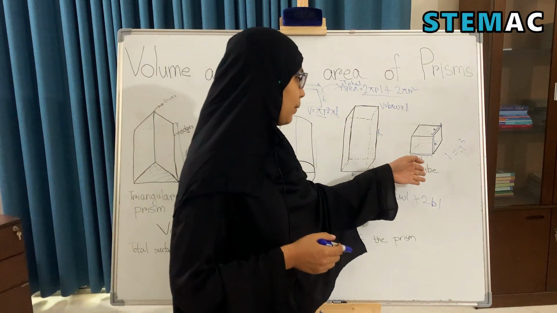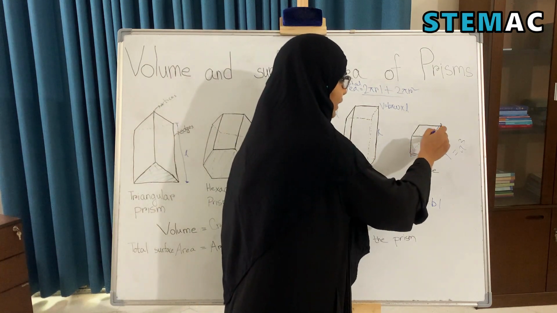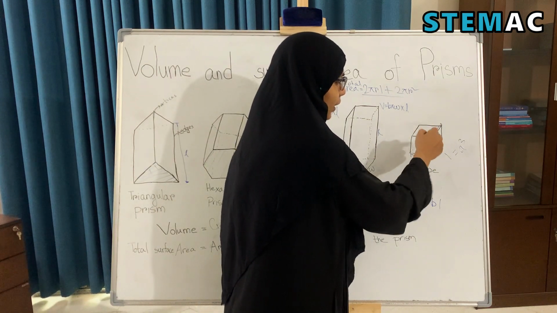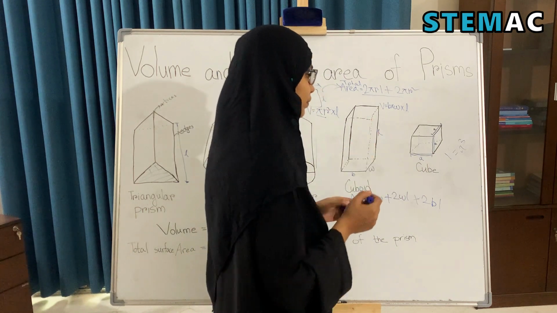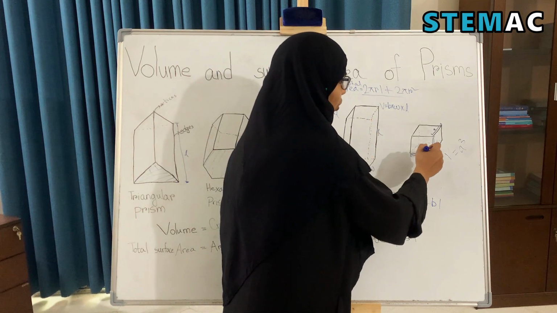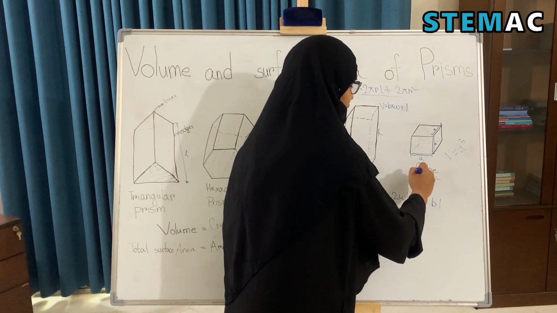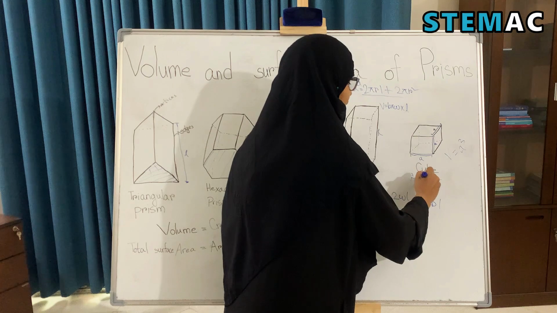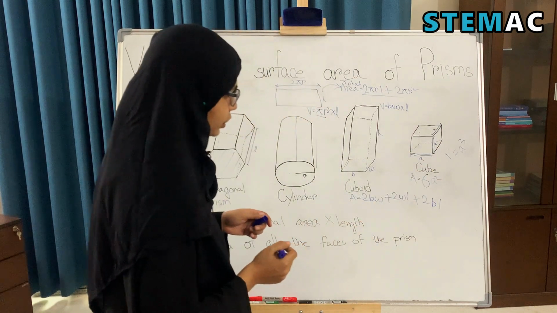And for the area of this cube, all the 6 faces of this cube are of the same area. So one face has an area of A square, and there are 6 faces, so area of cube equals 6A square.